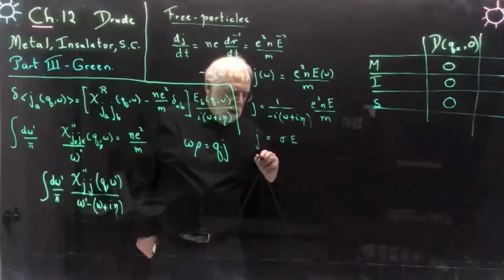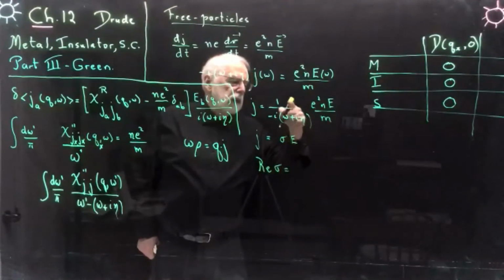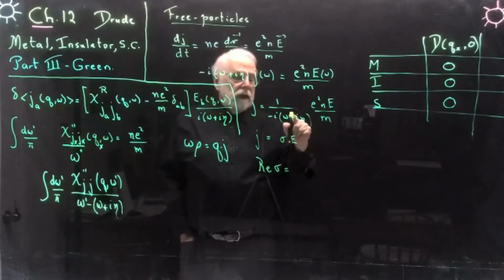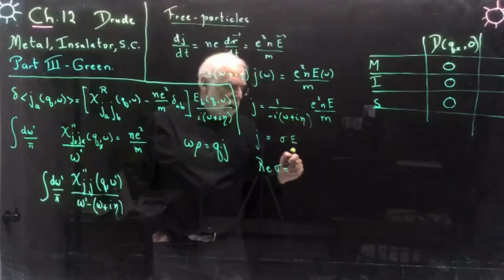So what is the real part of this response? The real part of sigma is equal to, I use the Sokhotski-Weierstrass formula here to write this as a delta function.